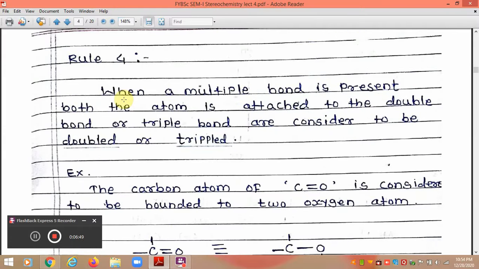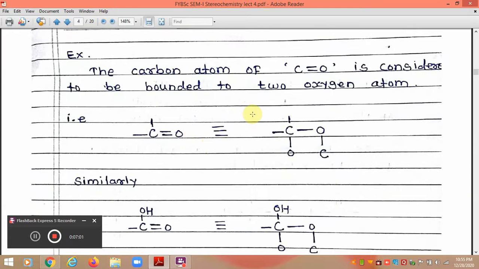Rule number 4 states that when a multiple bond is present between atoms, then both atoms attached by the double bond or triple bond are considered. It means that whenever this carbon is attached to the asymmetric carbon, as this carbon is attached to the oxygen with a double bond, this carbon is considered as attached to 2 oxygens.